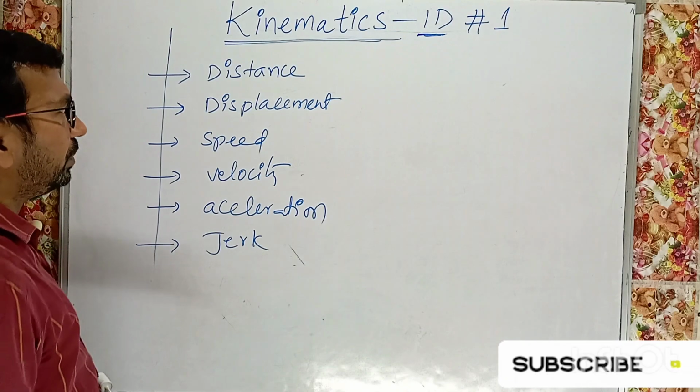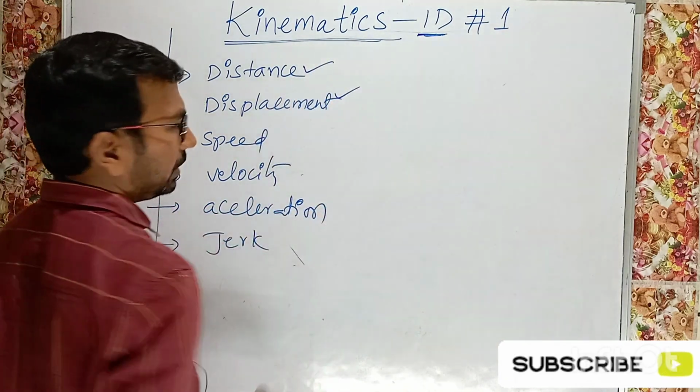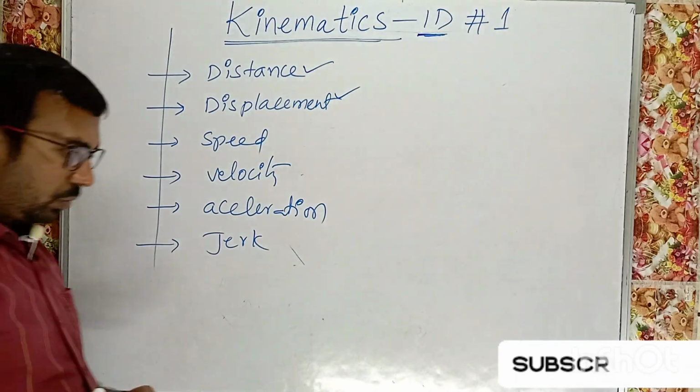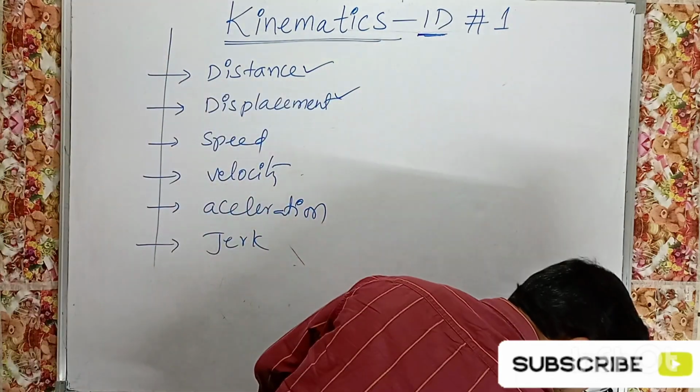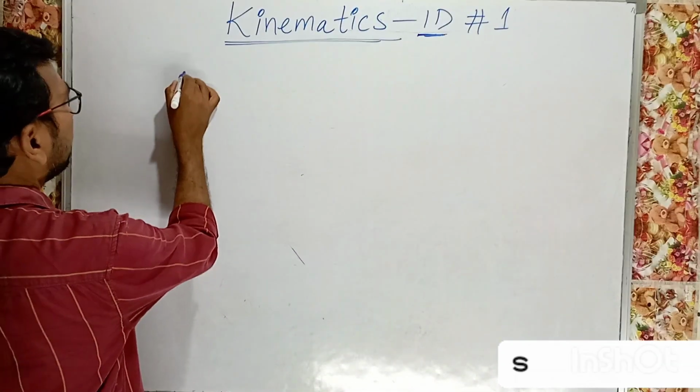We can discuss one by one. So in this lecture we can discuss distance and displacement. What is distance? What is displacement? You can see one by one. First one is distance.